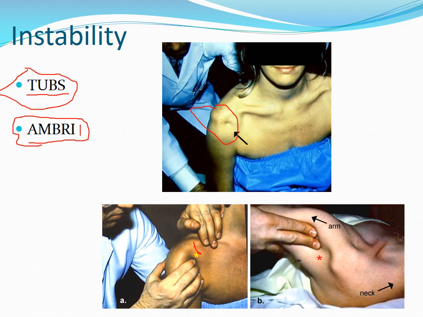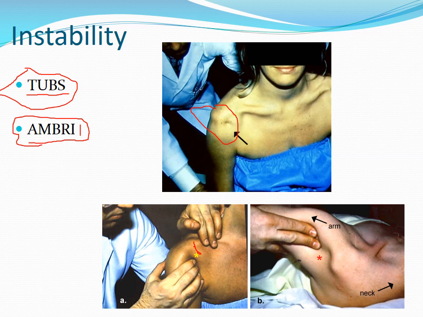All right. AMBRI is somebody who was born loose. So this is somebody who has laxity on both sides. So it's atraumatic, multiaxial or multidirectional, bilateral, requiring, if surgery is indicated, it requires, that's the R, requires an inferior interval shift, which means they particularly tighten up the inferior aspect of the capsule.